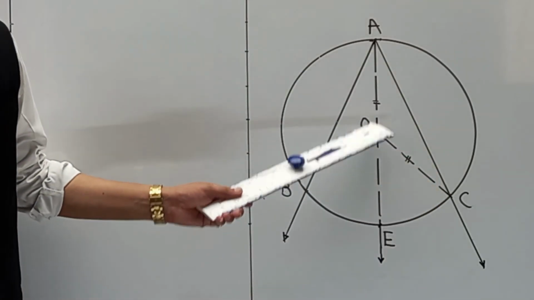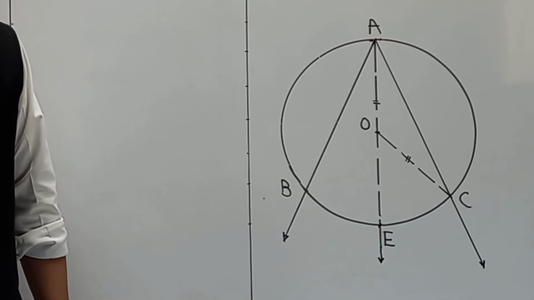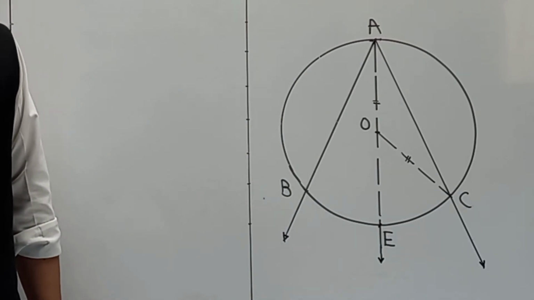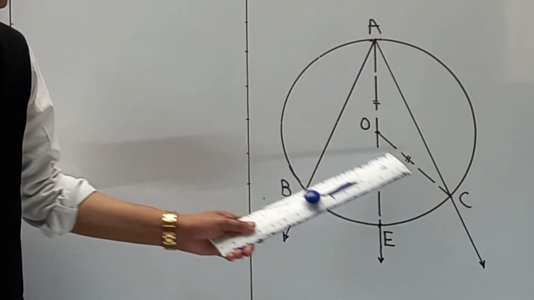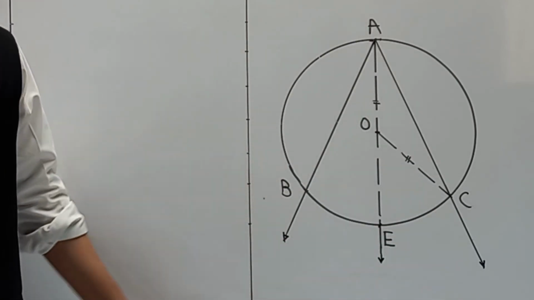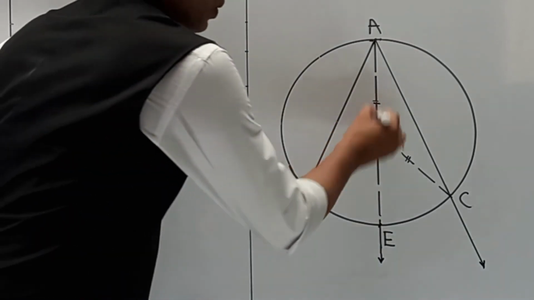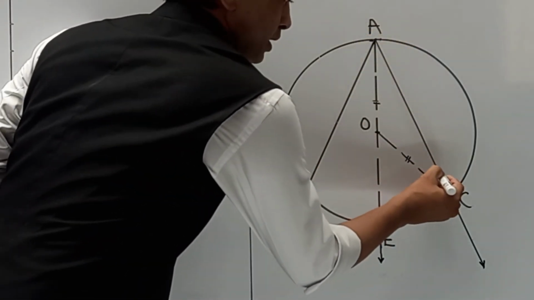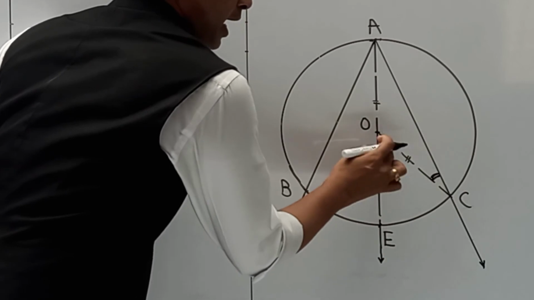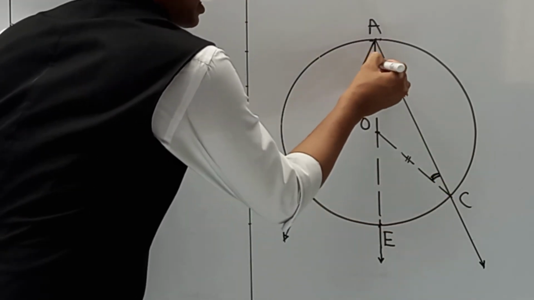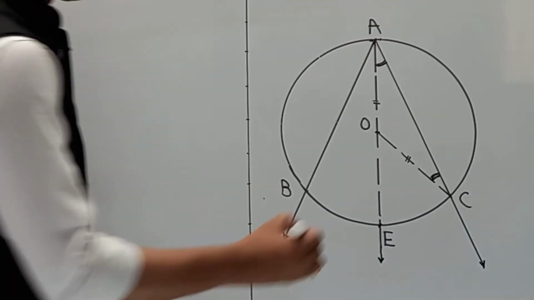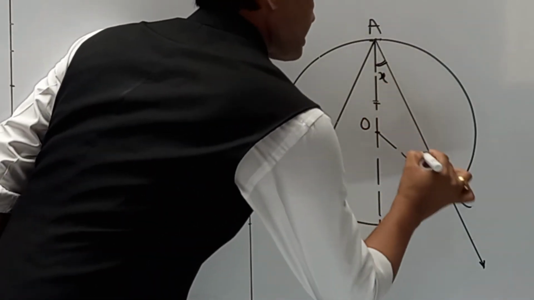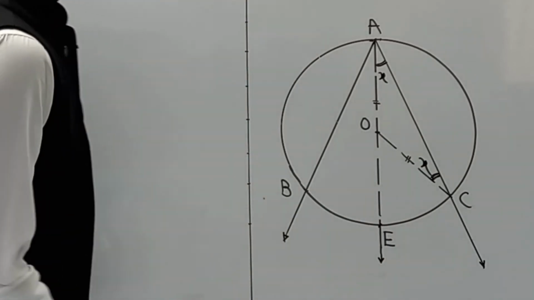Naturally, our triangle OAC becomes an isosceles triangle. And if this triangle is isosceles, if two sides are congruent, then their opposite angles must be congruent. Means OA's opposite angle C and OC's opposite angle A must be congruent. Now we are indicating it by x, just for calculation.